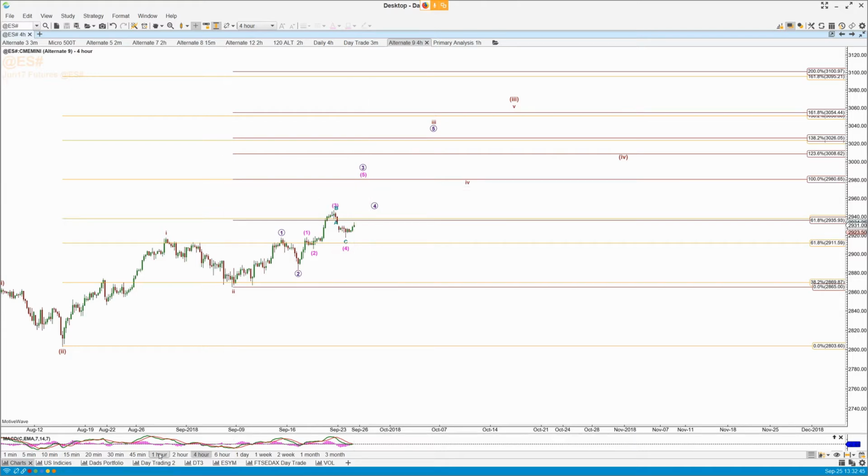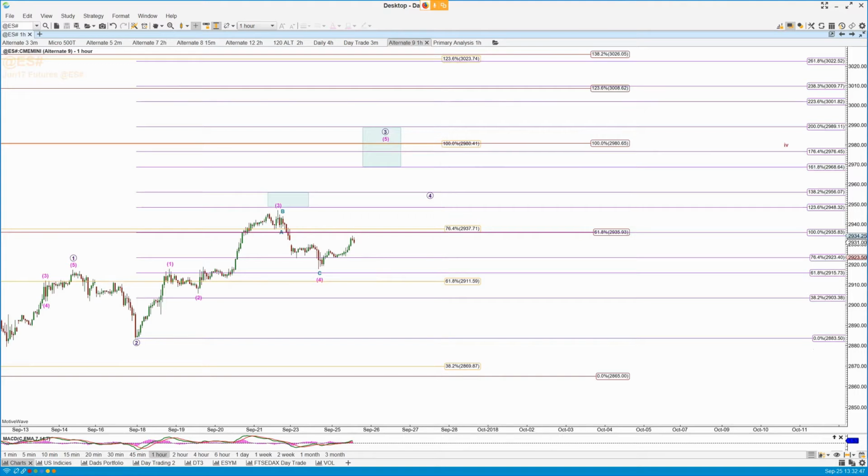So we've got fairly tight parameters on this thing from here on in, and then if I come down to the hourly chart, you can see if that's a 3 into this 123.6, we've got this A, B, and then the C down yesterday, and we're starting to push back up now.